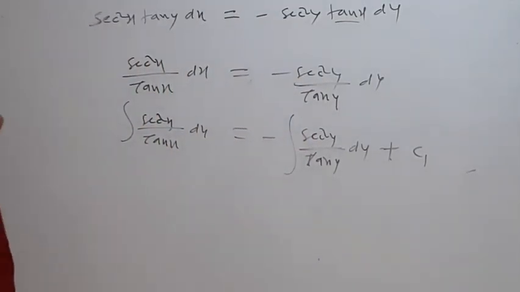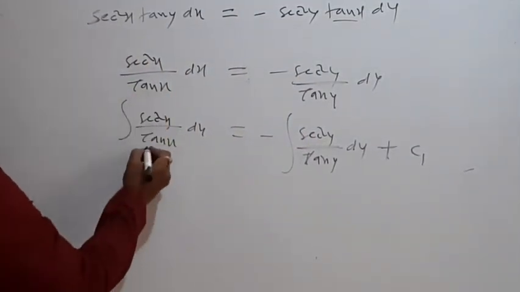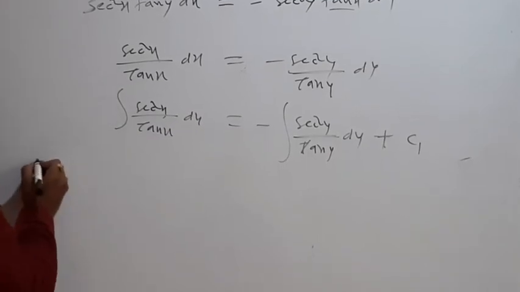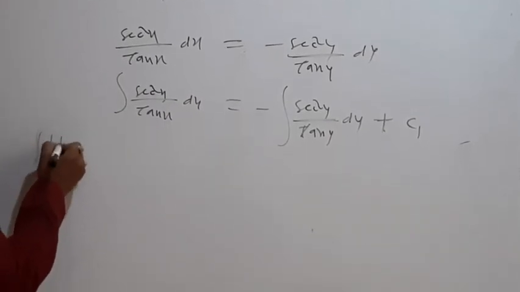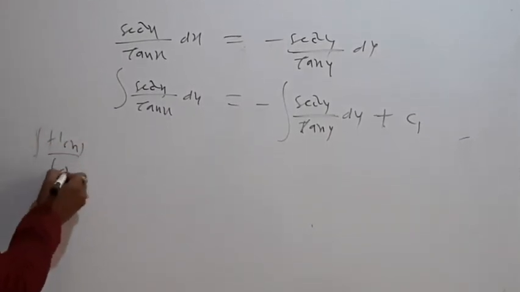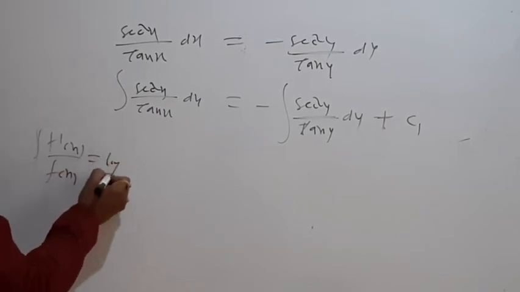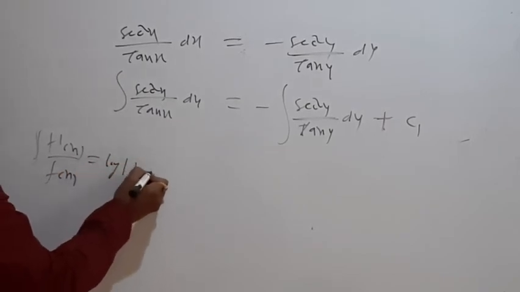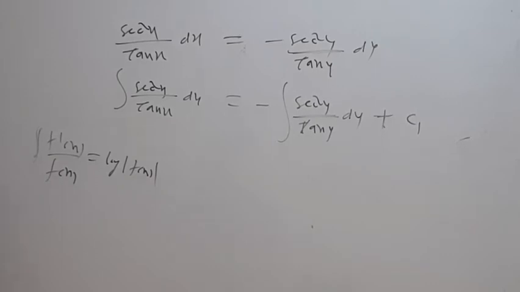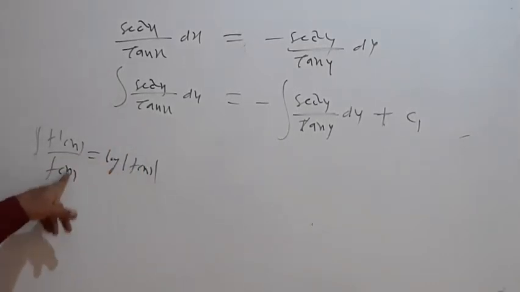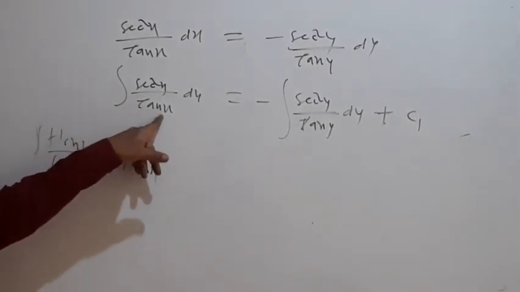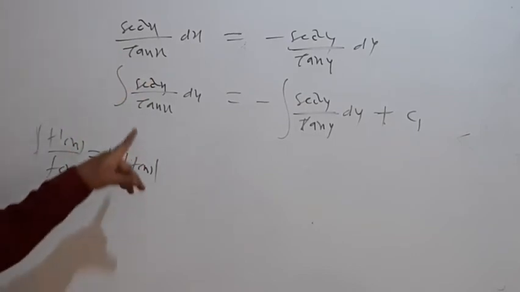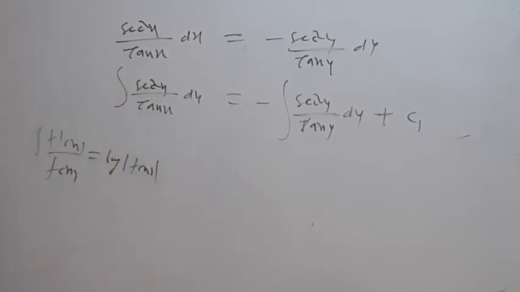Here we know the formula: the integral of f dash x upon f of x is equal to log of f of x. This is the integration formula. The derivative of f of x is f dash x. The derivative of tan x is sec square x. So write down directly log of tan x.